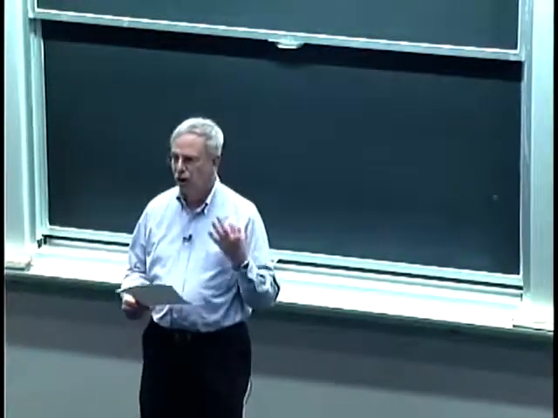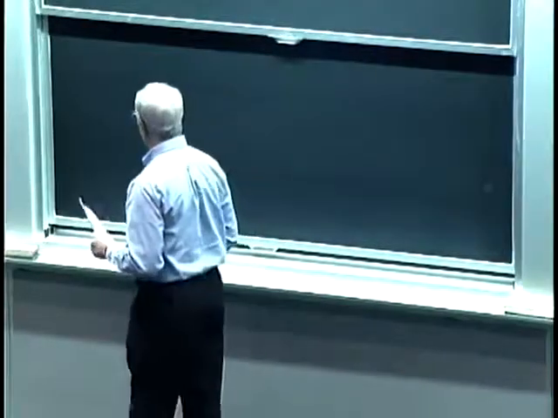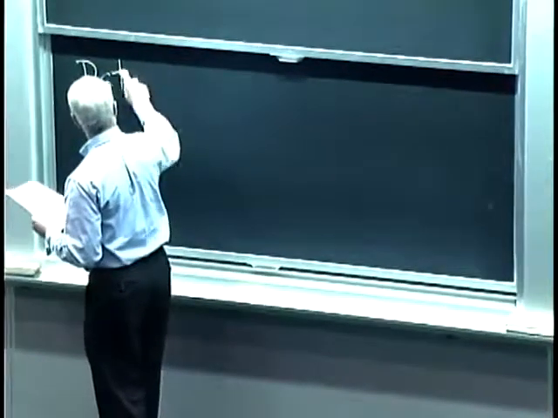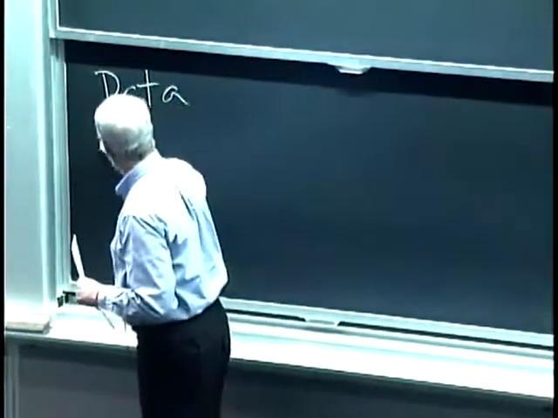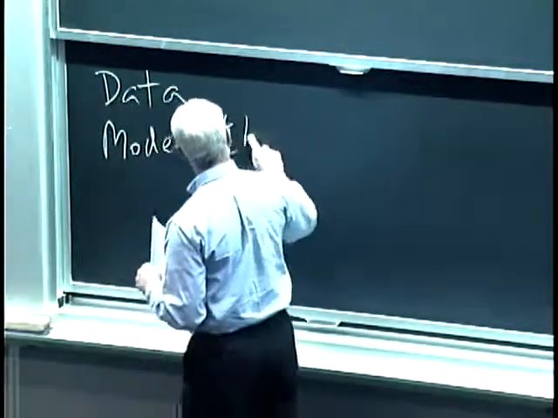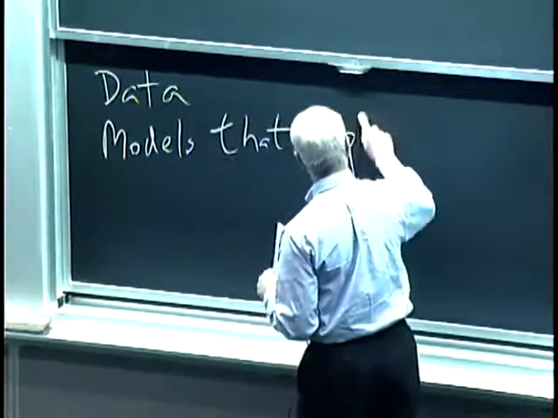So I now want to go through another set of examples. And we're going to look at the interplay of three things. What happens when you have data, say from measurements, and models that at least claim to explain the data?